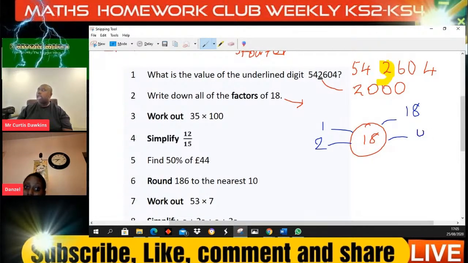18. So 2 can go into 18, 9 can go into 18, right? What is 3 times 6? 18. So 6 into 18 is going to 3, 3 into 18 going to 6. Right. So the factors are all the numbers that can go into 18.